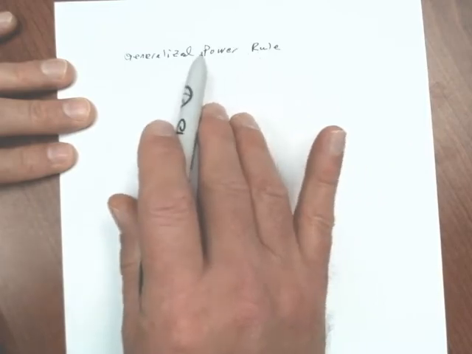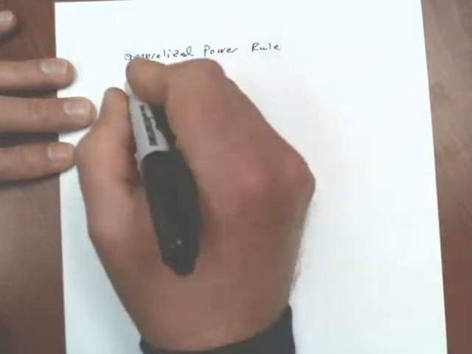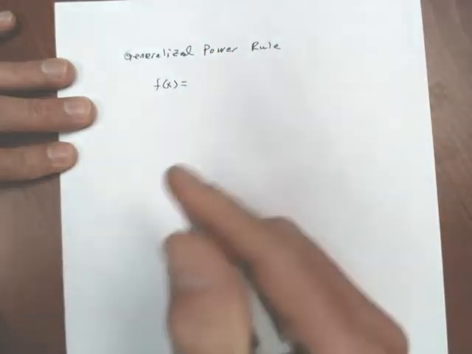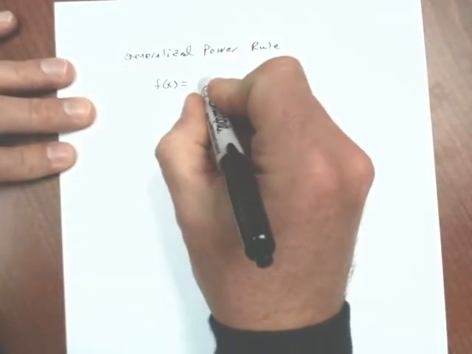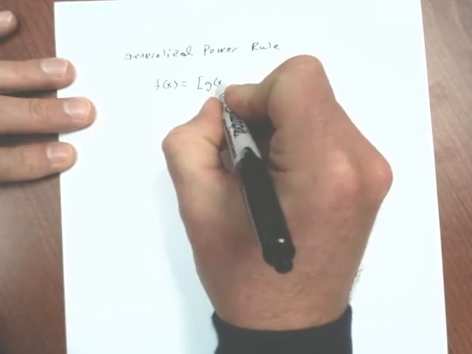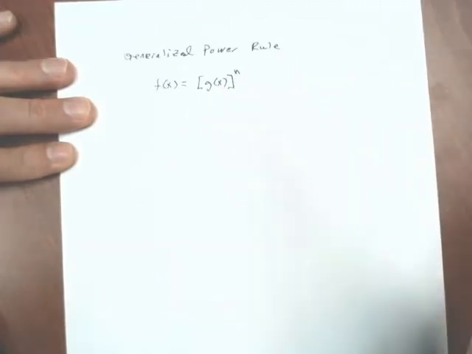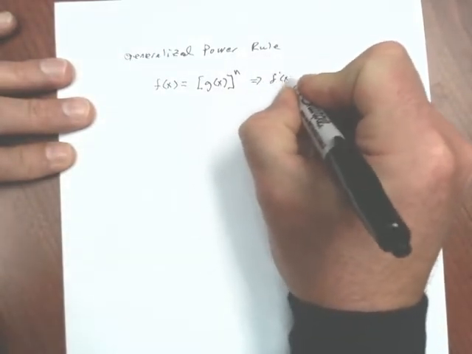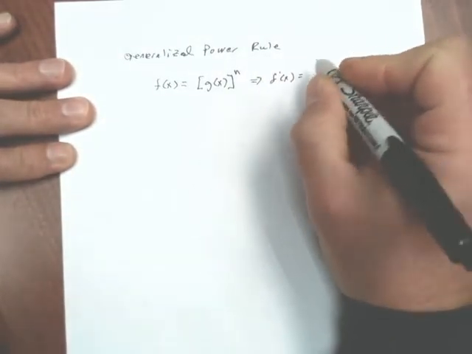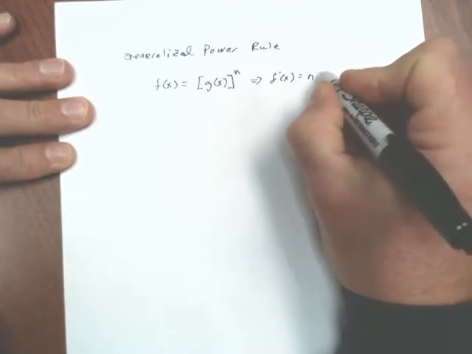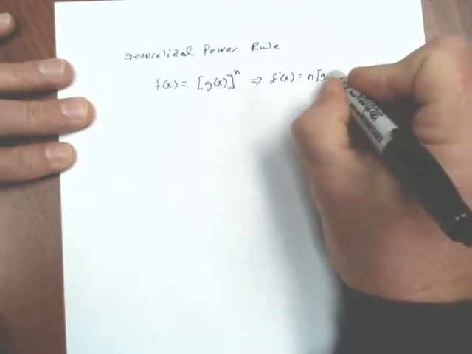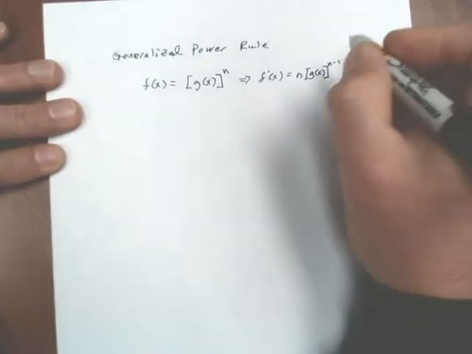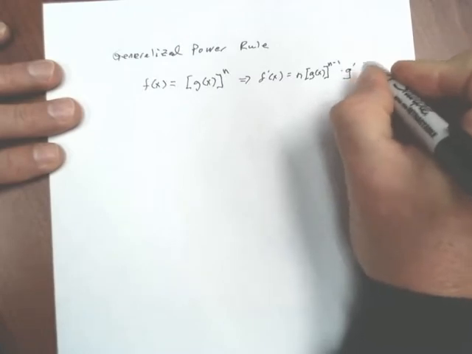So what does the generalized power rule say? The generalized power rule says that if I have a function that is g of x to the n, then f prime of x equals n times g of x to the n minus 1 times g prime of x.